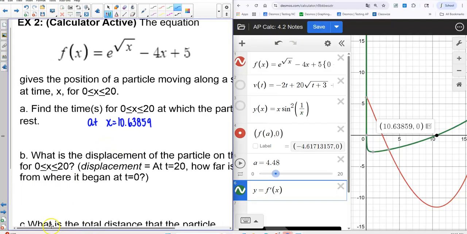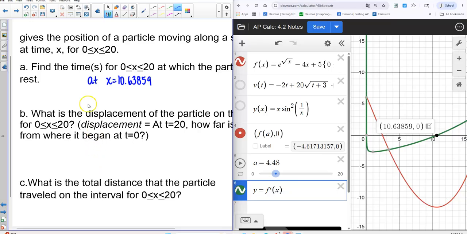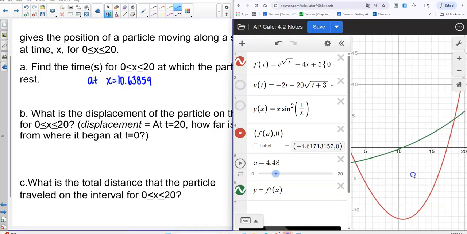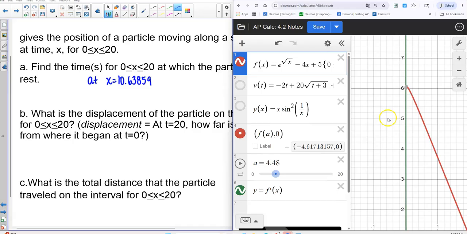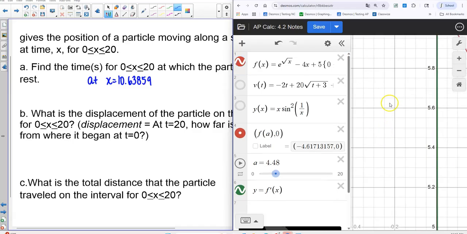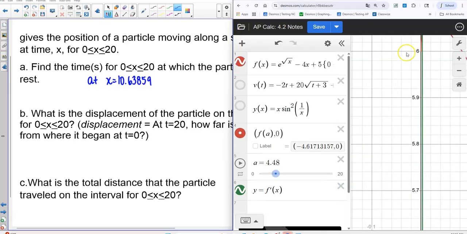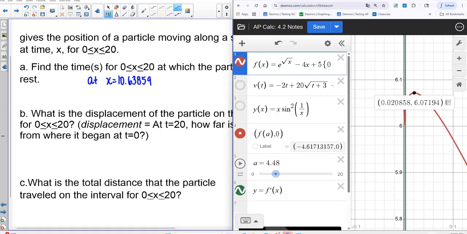So I've got two questions here that are very common questions that are asked. Yes? Isn't there another point where it rests at? Possibly. Oh gosh, this is an awful question. Yes, you are right.